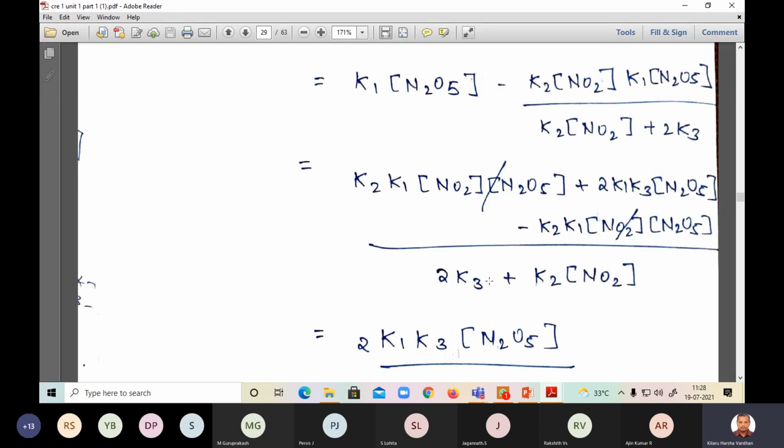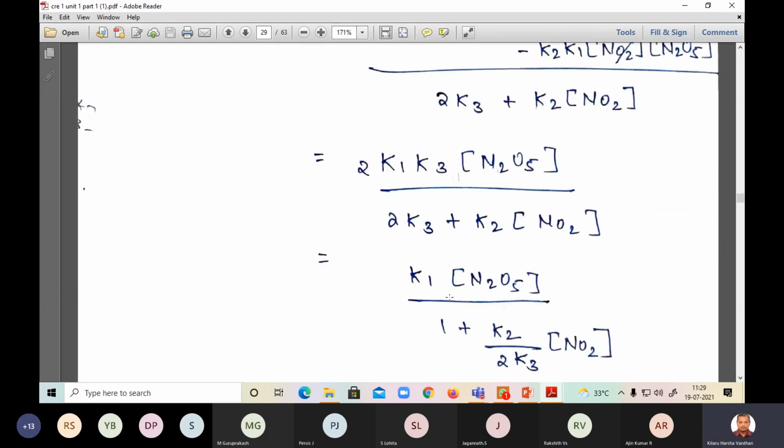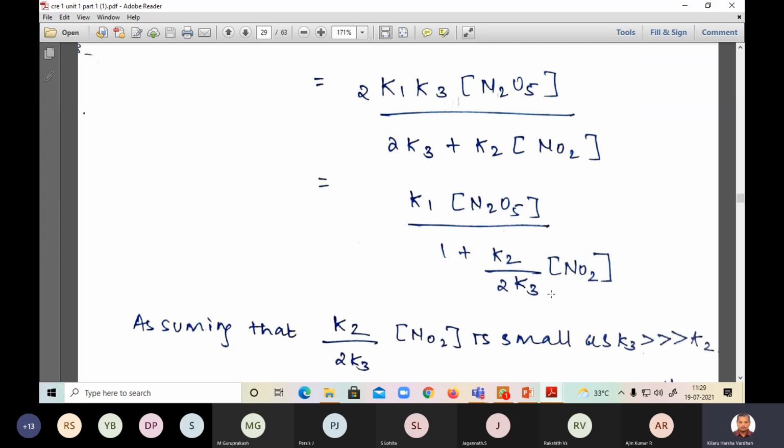So make K3 as the divisor. Yeah, this is what you are getting. So divide by K3. Then K3 gives 2K1 here. 2K3 you divide. K1 N2O5 divided by 1 plus K2 by 2K3 NO2.